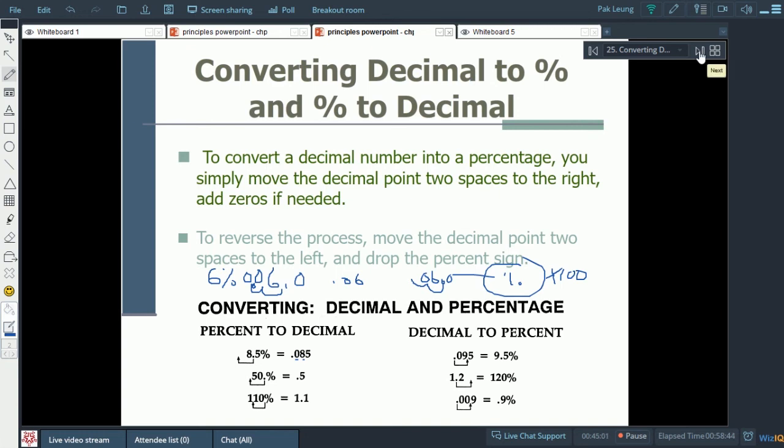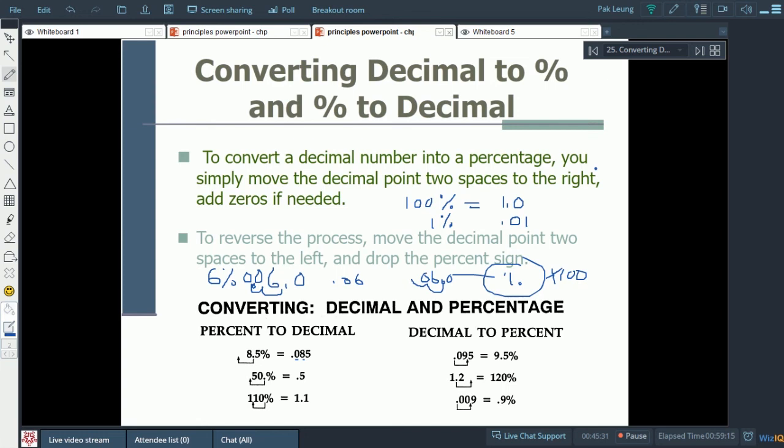You're adding 2 zeros to the right. And when you do the opposite, you go to the left.